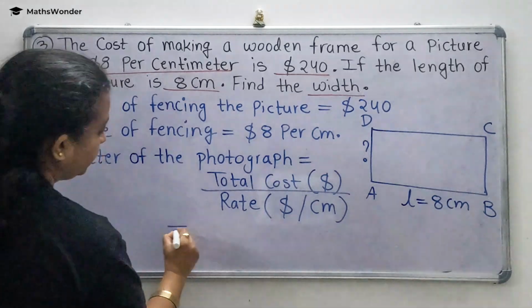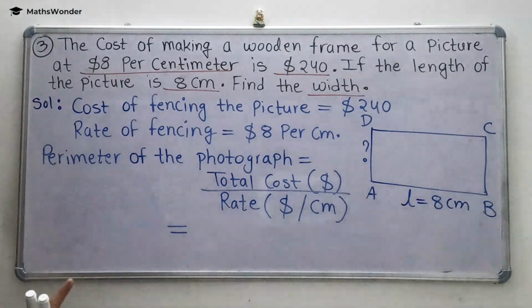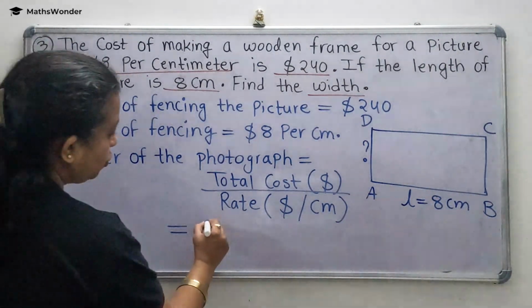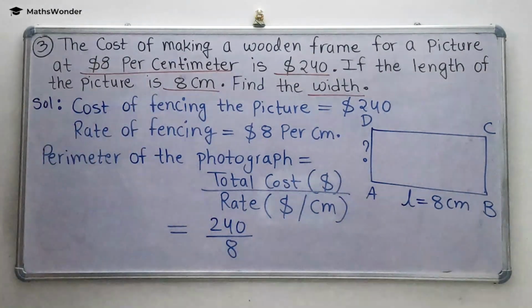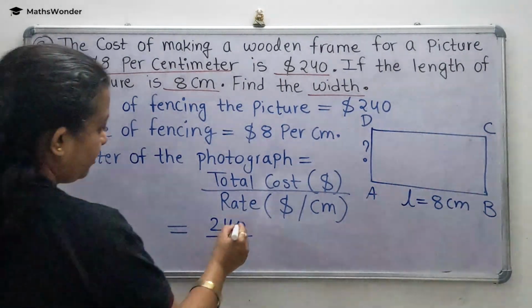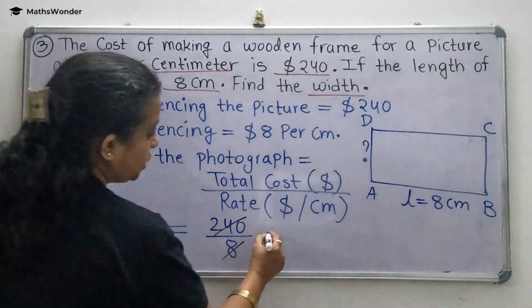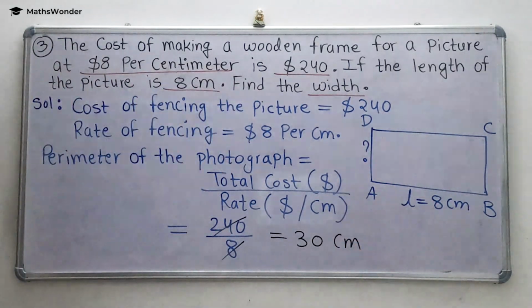This is the formula of the perimeter when costs are given. The total cost is given and the cost per unit is given. So the total cost was 240 and the rate is given, which is $8 per centimeter. You will divide this, and you will get the perimeter as 30 centimeters, because the unit is given in centimeters.